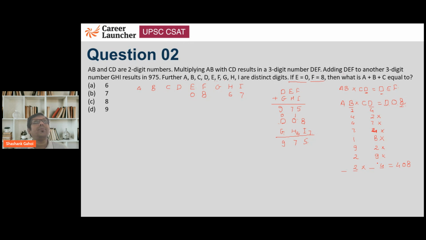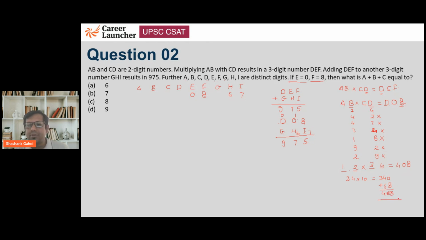So it can be something like 34 into 12. I'm just guessing. So 34 into 10 is 340, plus 34 into 2 is 68. Total product comes out to be 408.